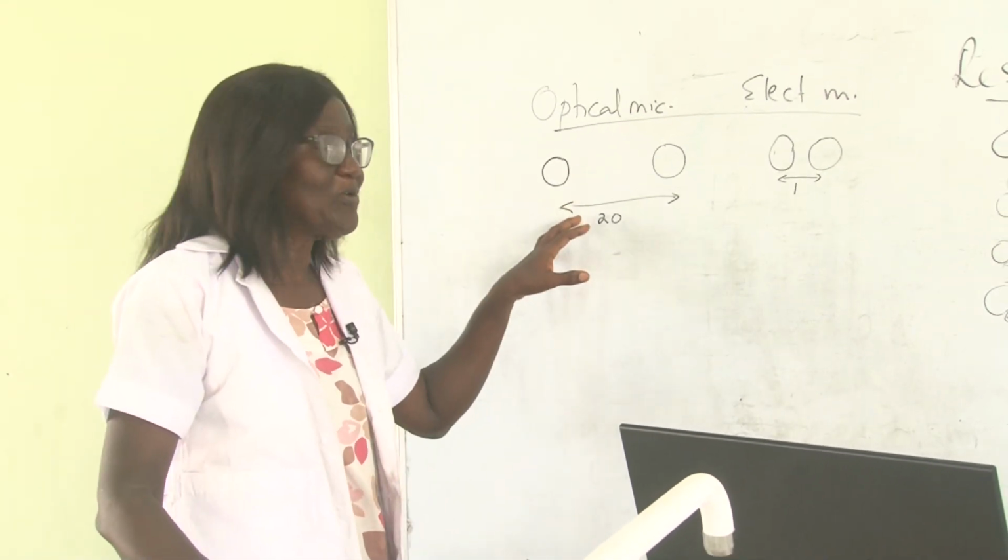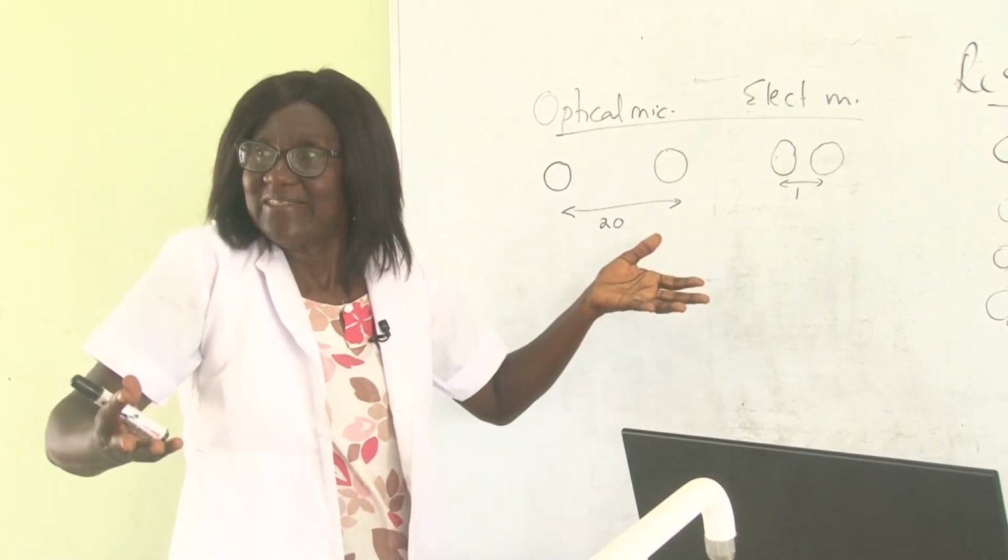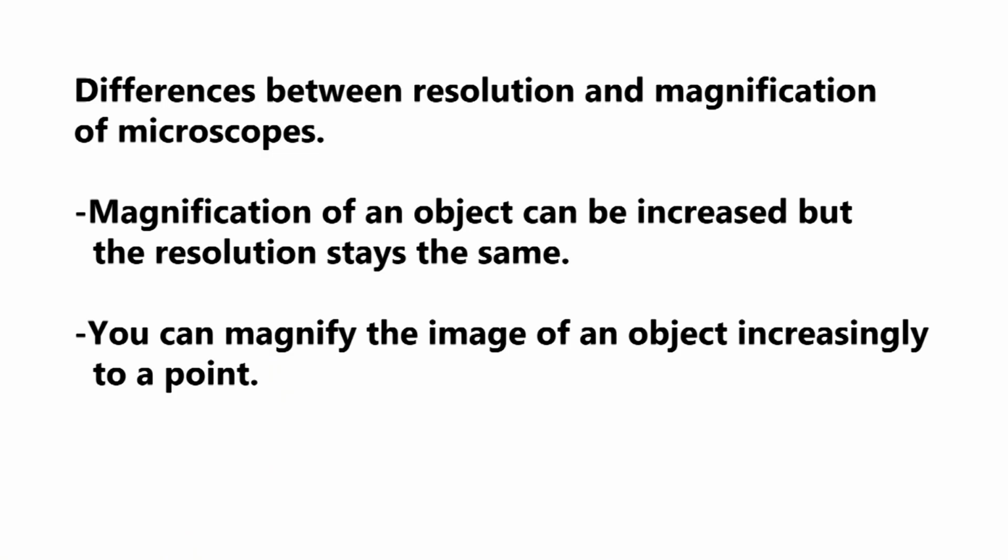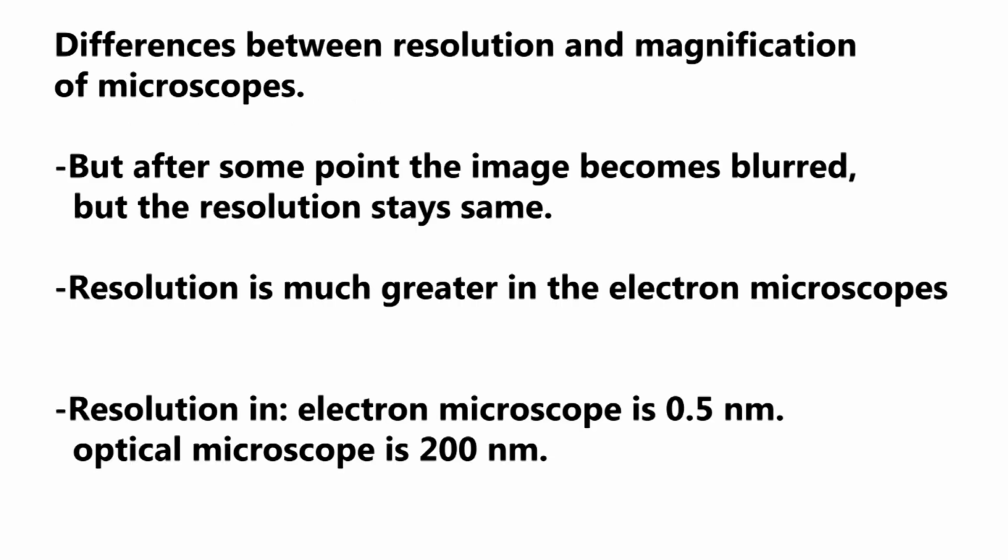But in the optical microscope, you can't recognize them. So resolution in the electron microscope is much, much greater than in the optical microscope. Resolution in the electron microscope is 0.5 nanometers.